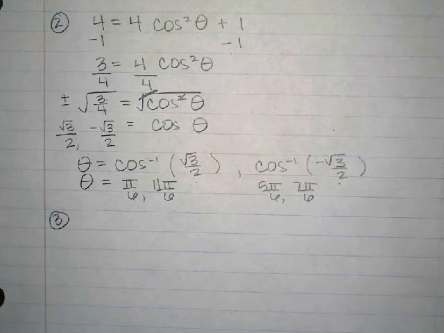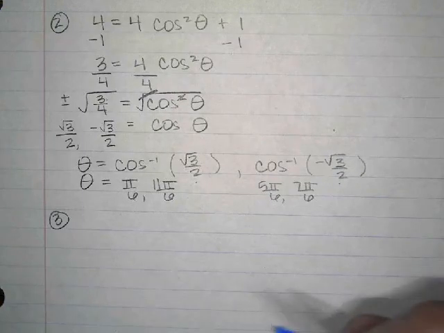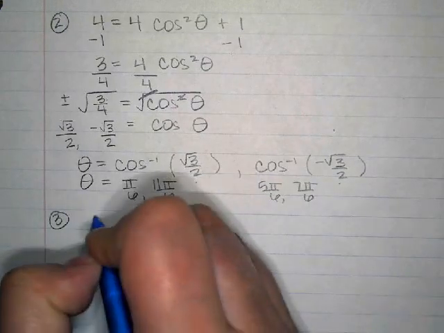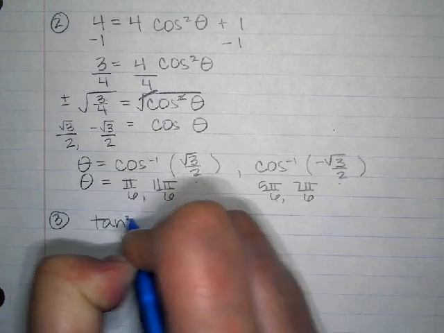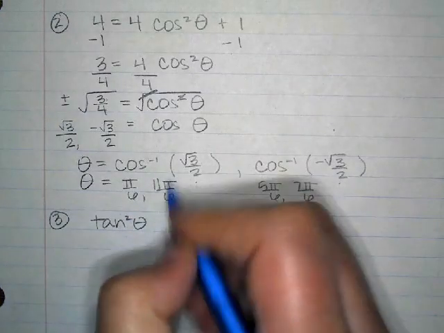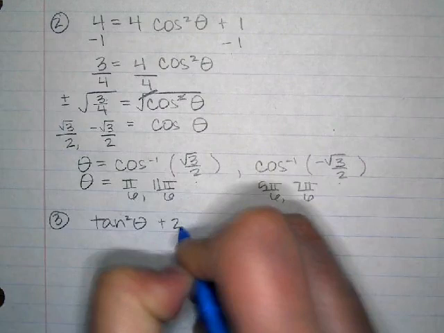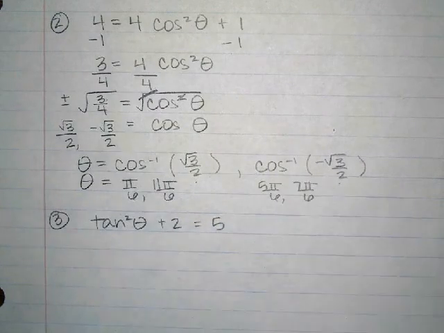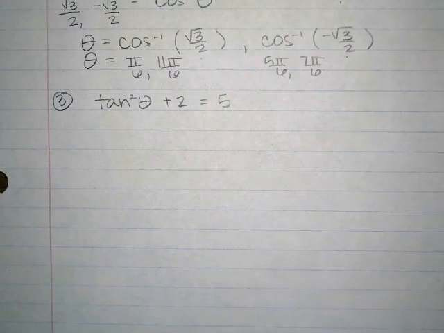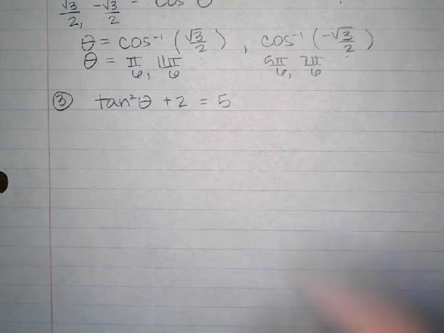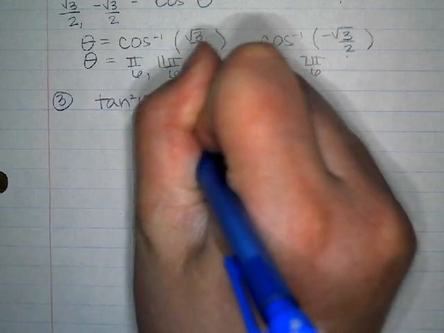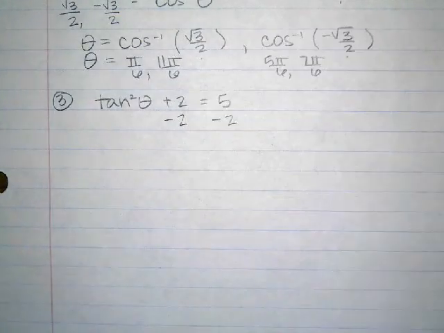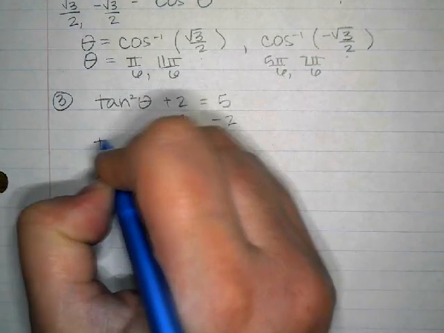All right, let's do tan squared plus 2 equals 5. All right, what should I do here? Okay, I'm going to minus the 2. So tan squared equals 3.